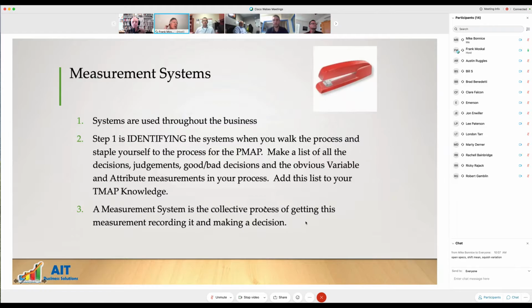So when we talk about systems, I want to really make this point. We've got to get ourselves out of thinking just in terms of the gauge R&R that we might have seen in prior books and discussion.